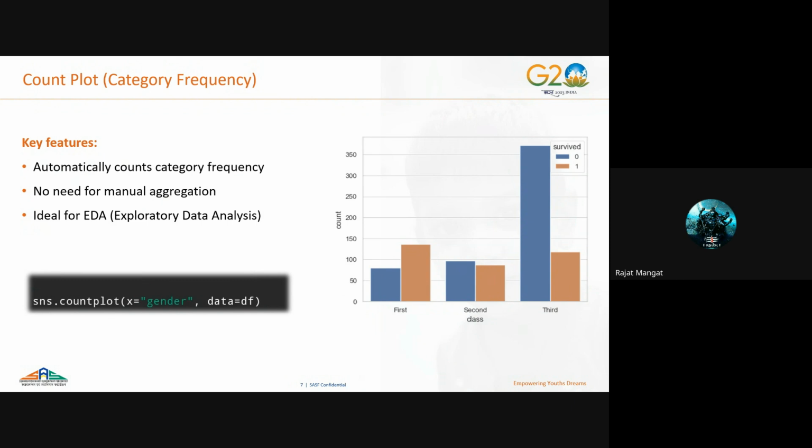We will cover this. We already know that a count plot is used to automatically count category frequency. There is no need for manual aggregation as it is all done automatically by Seaborn. It is ideal for EDA, exploratory data analysis, that will be coming after these sessions are covered fully.